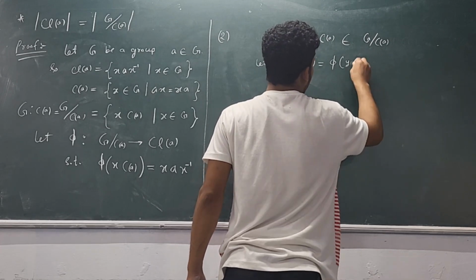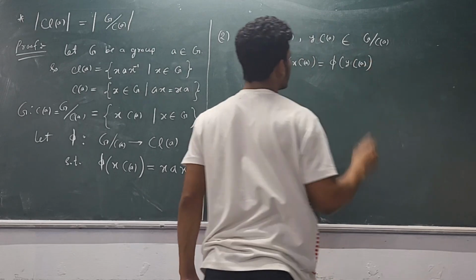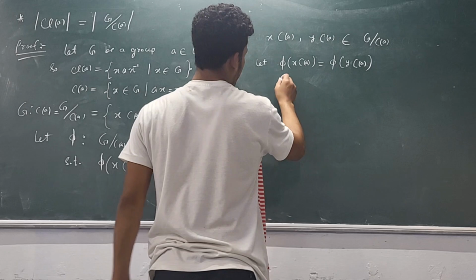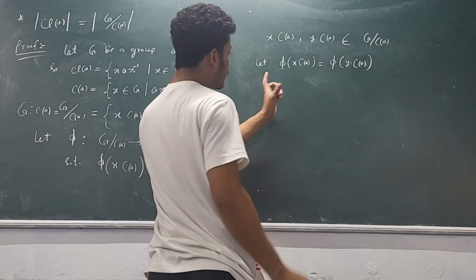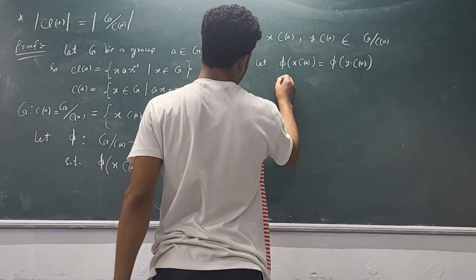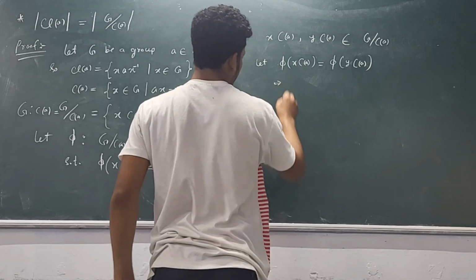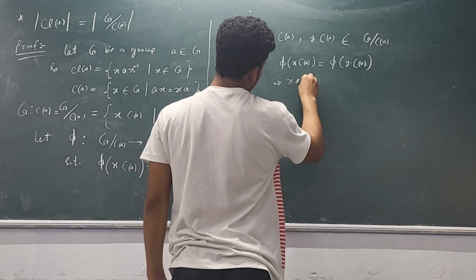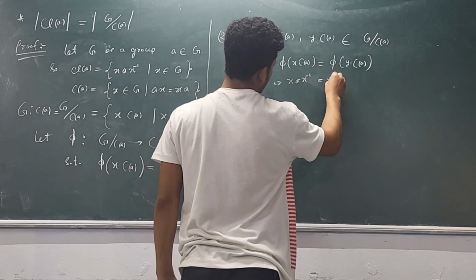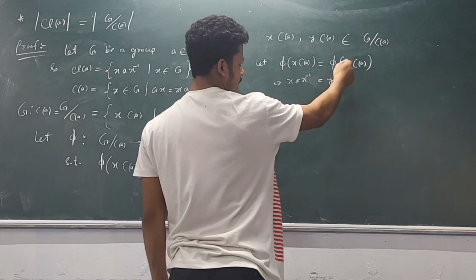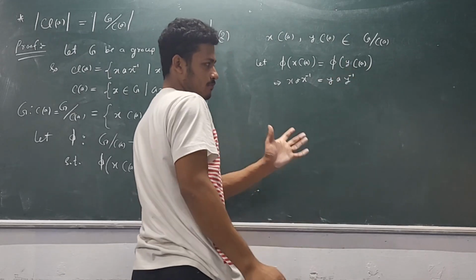Images are equal, so we are going to show that xCA is equal to yCA. It will give us that x a x inverse is equal to y a y inverse. Phi of this means this, phi of y means this.